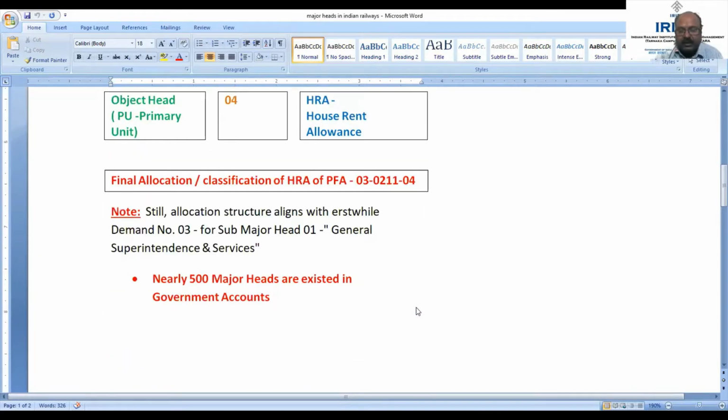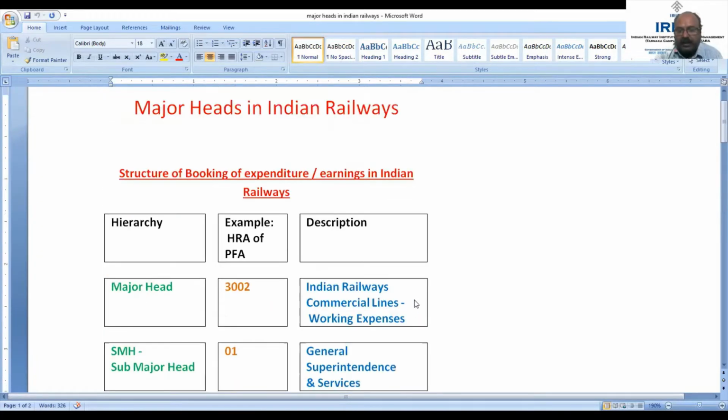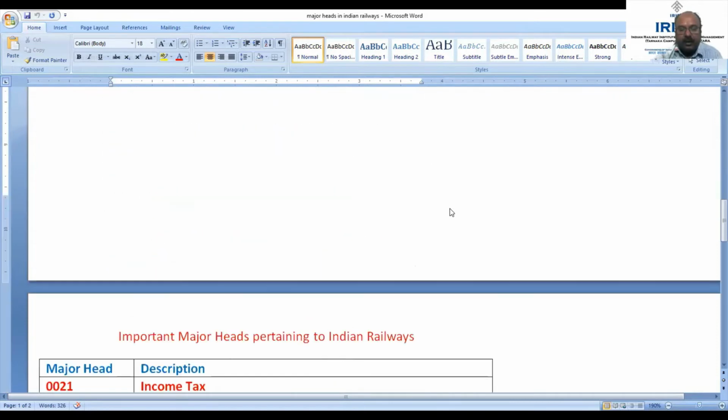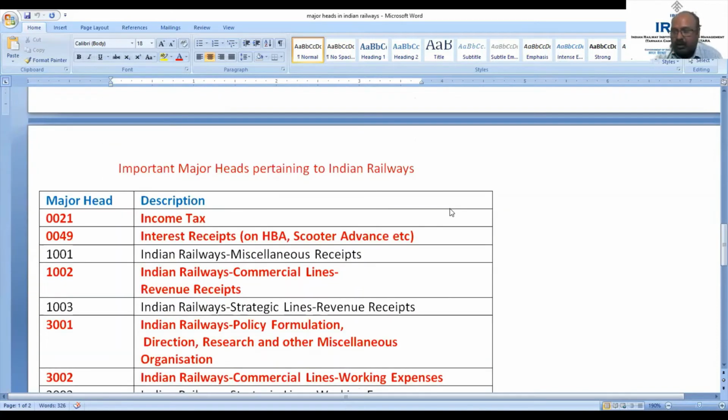Now we'll discuss how many major heads there are in Indian Railways, and this is the top of the hierarchy. If you check the Accounts Code, in chapter 2, the list of major heads is enclosed in the Accounts Code.